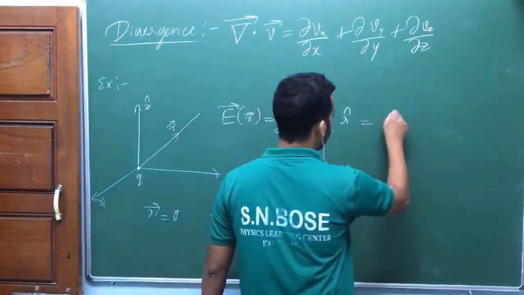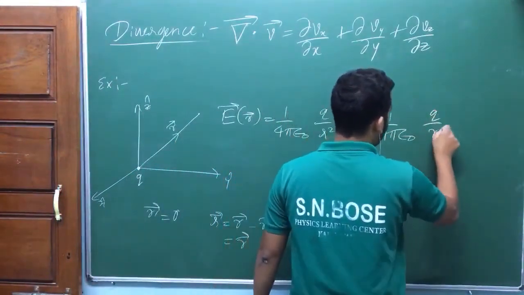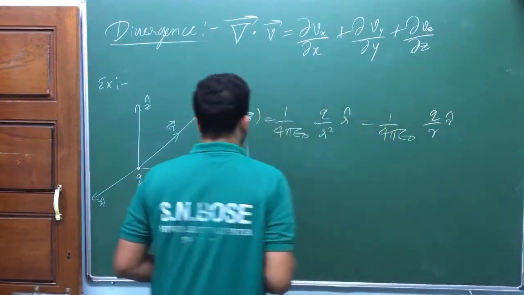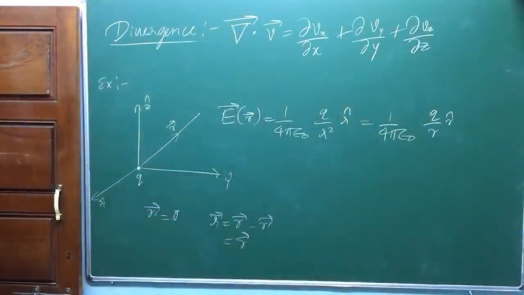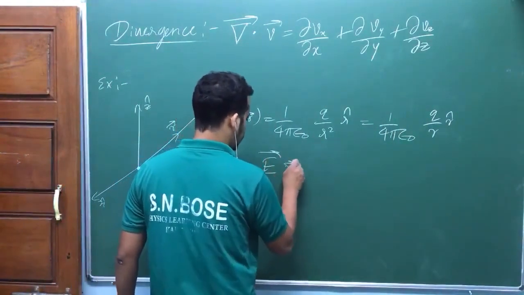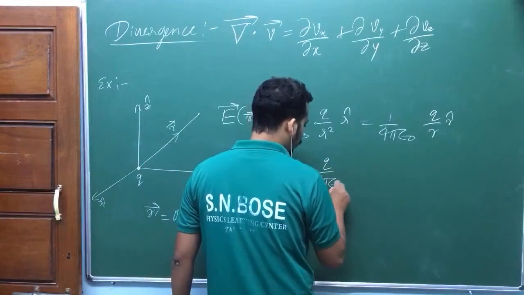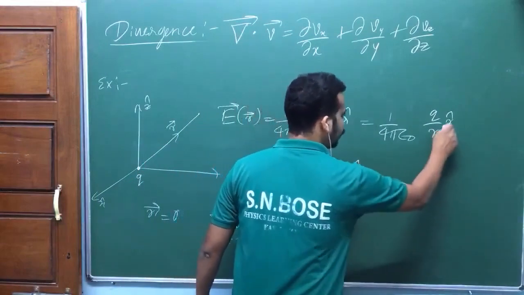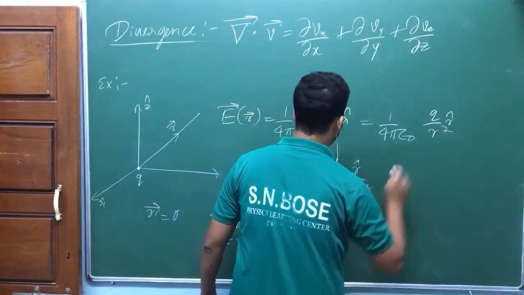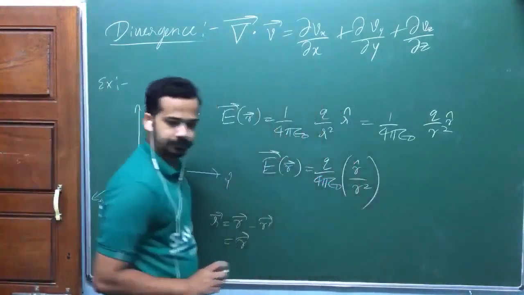Now I will not care about these constants. Let me just care about that vector part. What is that vector part? I'll keep q by 4 pi epsilon naught outside, r cap by r square here. Let me concentrate on this part.